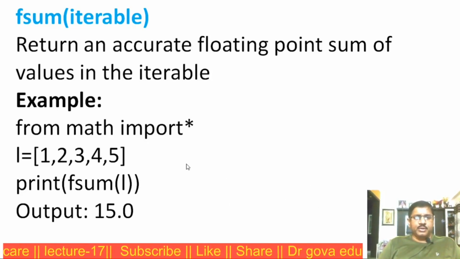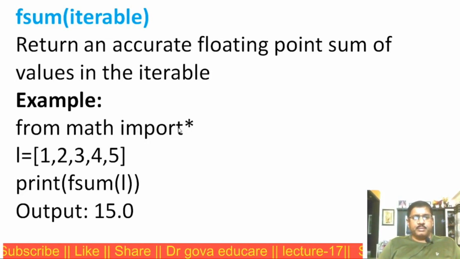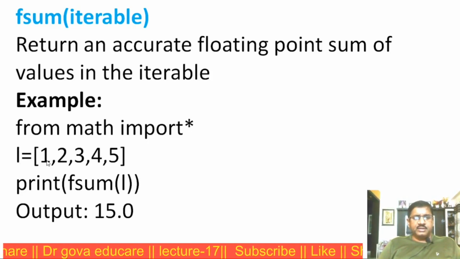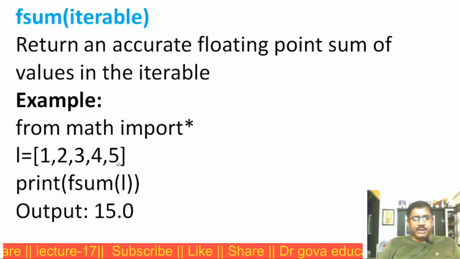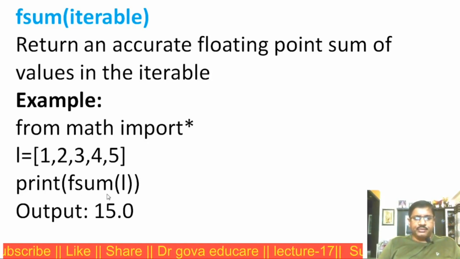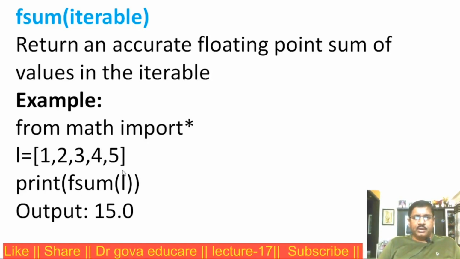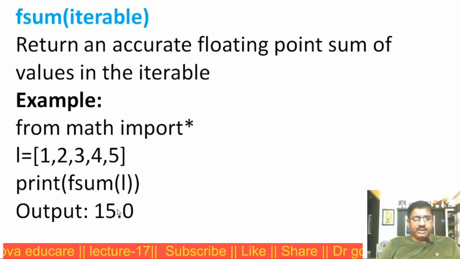Say for example, I am importing all modules, from math import star. Now L is a list having 5 elements, that is 1, 2, 3, 4, 5. I want to find the sum of all values. Print fsum of L, we get the accurate floating point sum, that is 15.0.